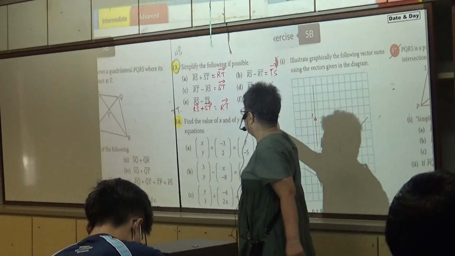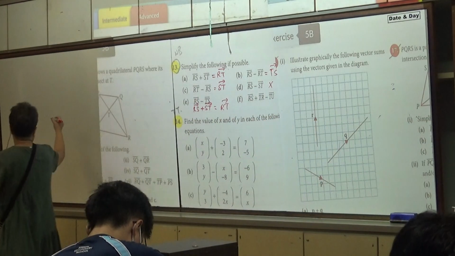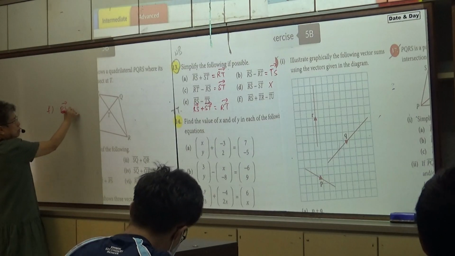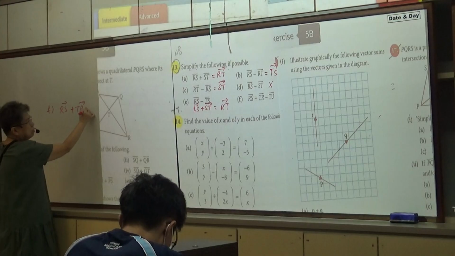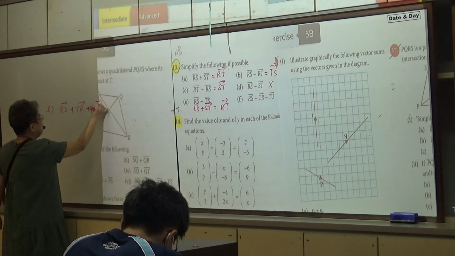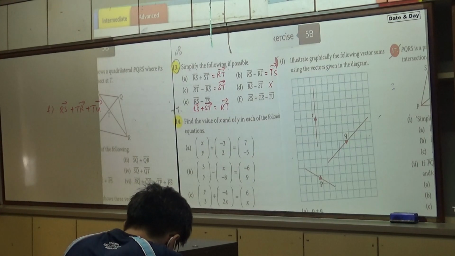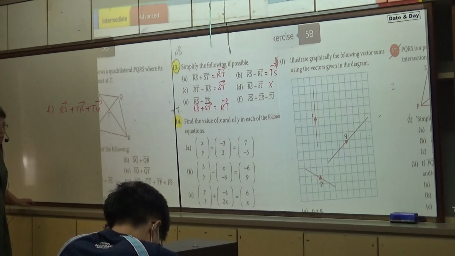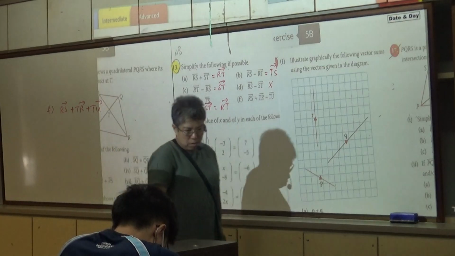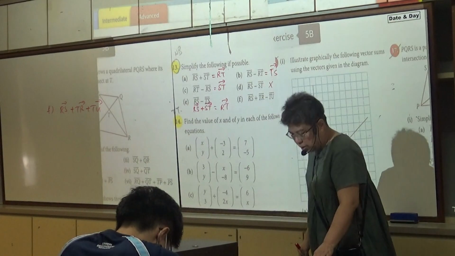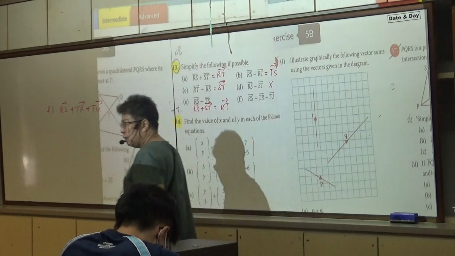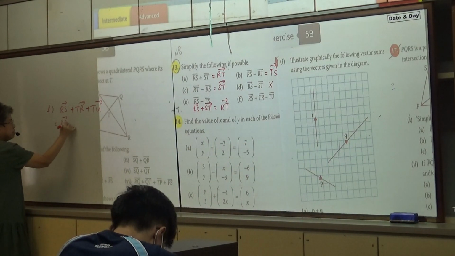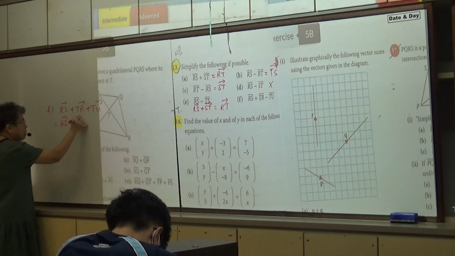Okay, now next I'm going to do F. RS plus TR plus TU. Now, this one, some people will tell me cannot do. Can do. Okay, this one can do. All of you look up. This is RS minus RT, right?